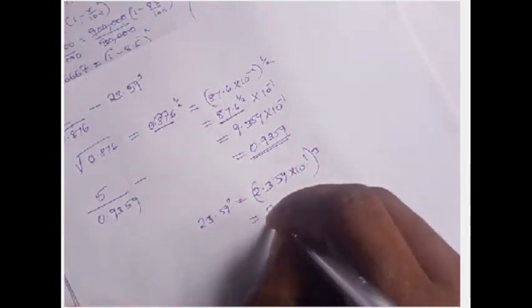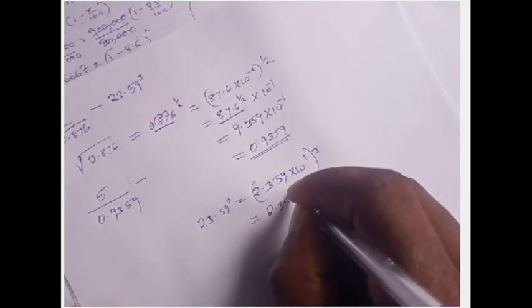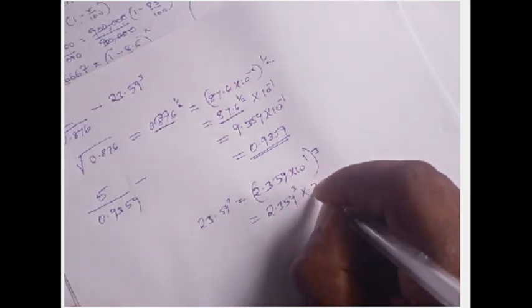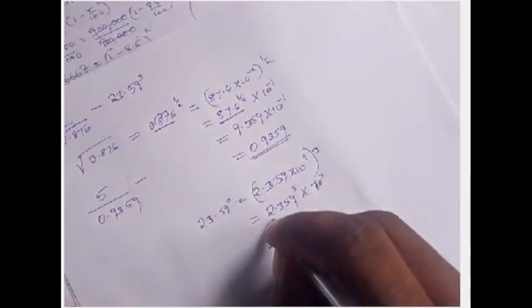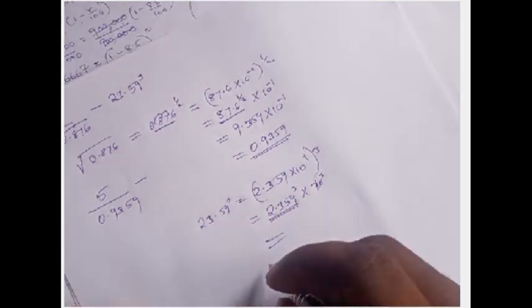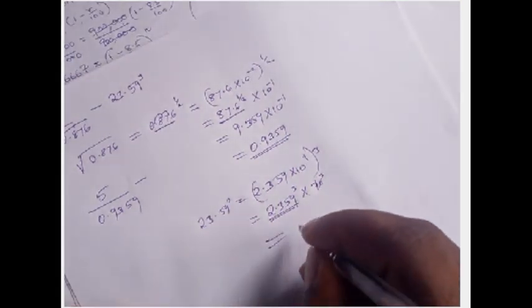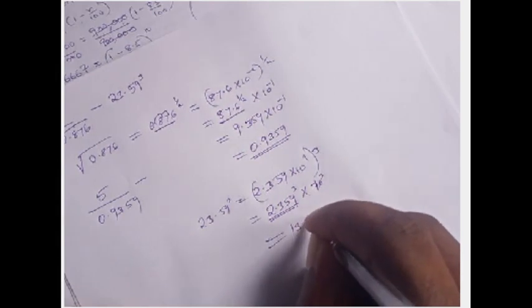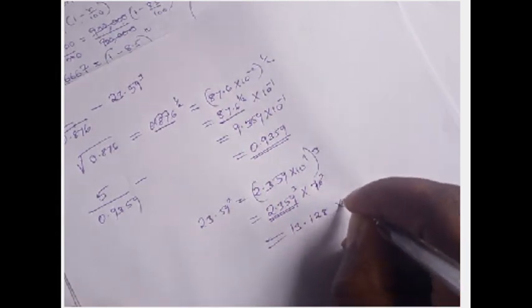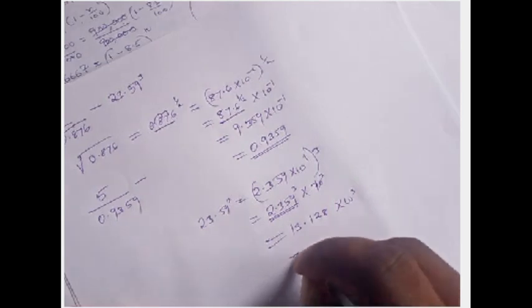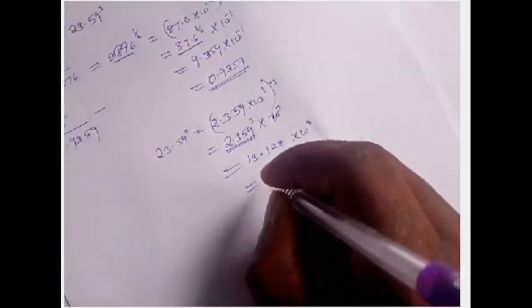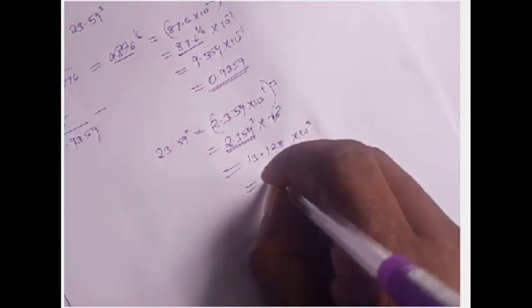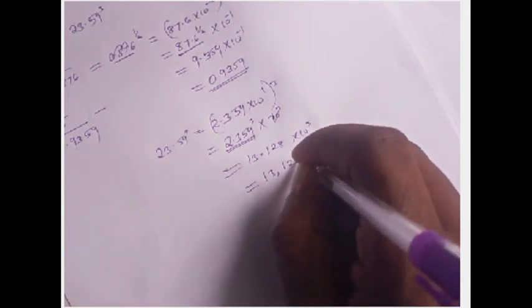This becomes 2.359 cubed times 10 to the power 3. Reading this from the table, we get the value as 13.128 times 10 to the power of 3, and this gives us 13,128.